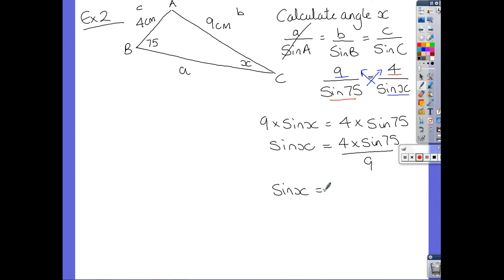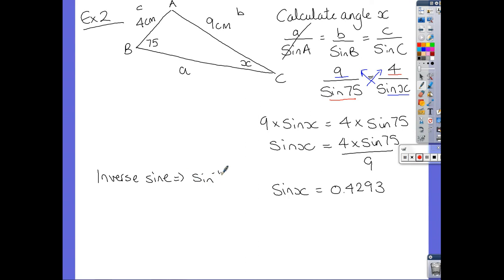And we end up with sine x equal to 0.4293 when we work out the right hand side in our calculator. Now, just like our basic trigonometry in lesson 1, when we get to this stage, we have sine x equal to something. We want to get x equal to the final answer, so we have to take the inverse sine. So we're going for inverse sine again, which is sine to the minus 1.